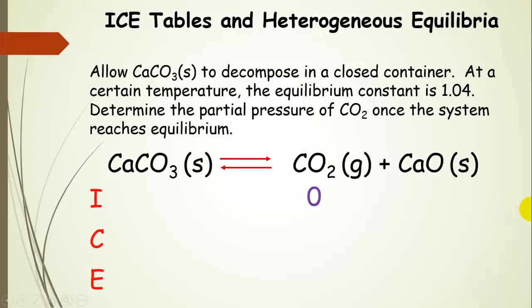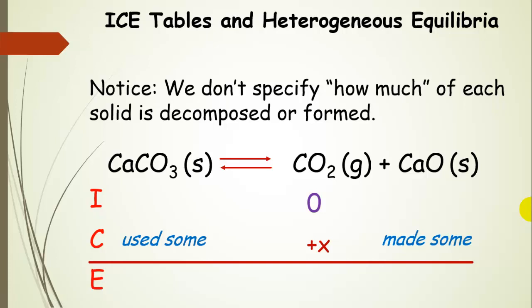For the change line, we know that the system has to go toward the side where there is none. So we have no carbon dioxide. Initially, the system is going to shift in the direction of products to make carbon dioxide and calcium oxide.